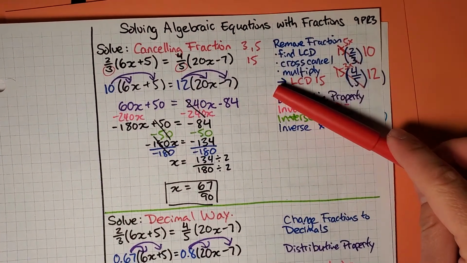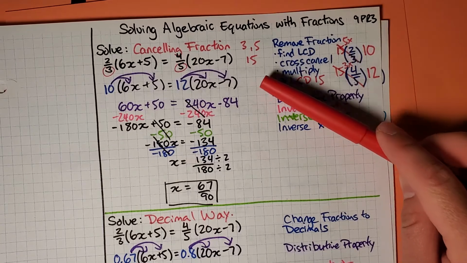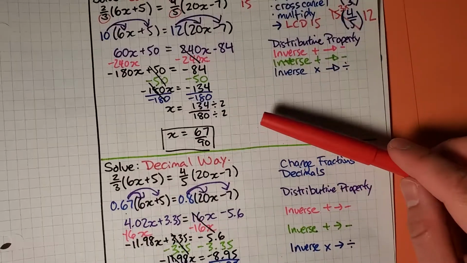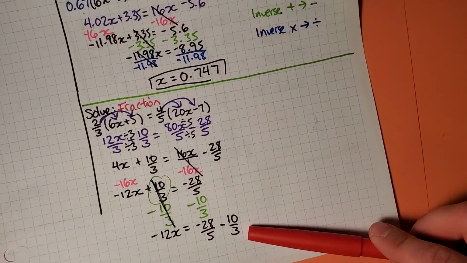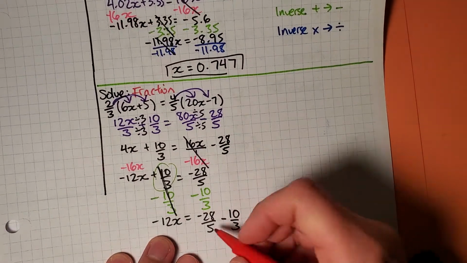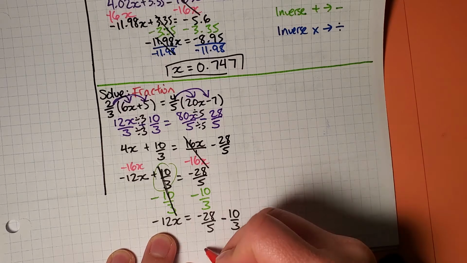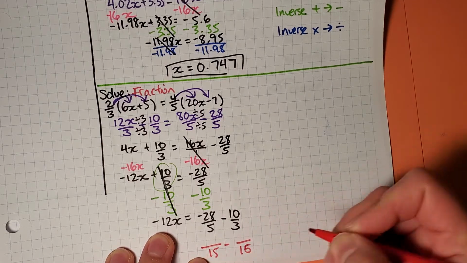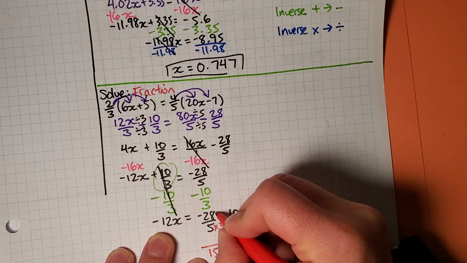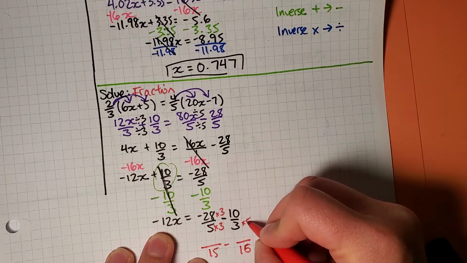Just like this question where we canceled out the fractions. The lowest common denominator is 15. All right, so my goal is to make them both out of 15. I need to multiply this by 3, top and bottom, same number.